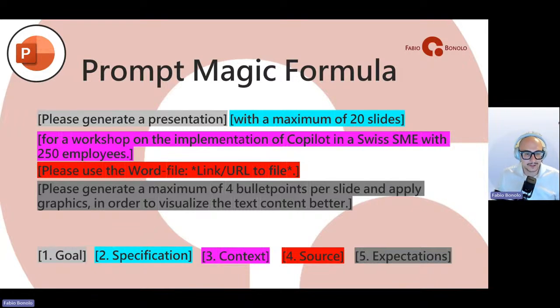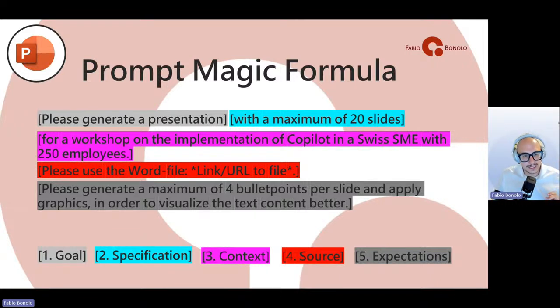With a maximum of 20 slides. This is the specification. So you see below the different parts. For a workshop on the implementation of Copilot in a Swiss SME with 250 employees. That's the context. Now I want to link this part into what I've said before about the context, that I will give you an example.